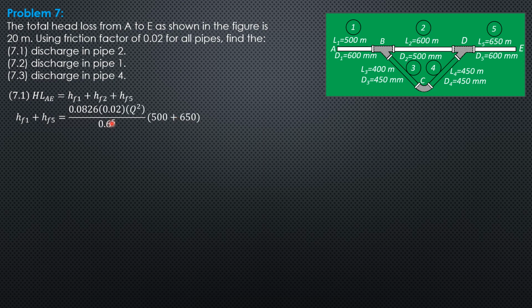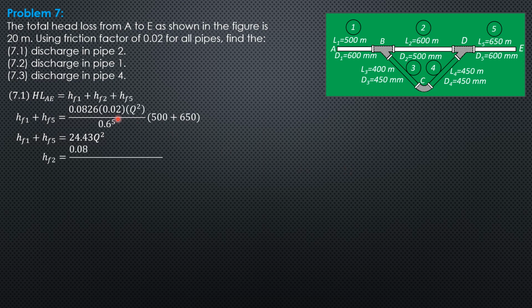So this factor times 500 is HF1, and this factor times 650 is HF5. So HF1 plus HF5 in terms of Q square is equal to 24.43 Q square.